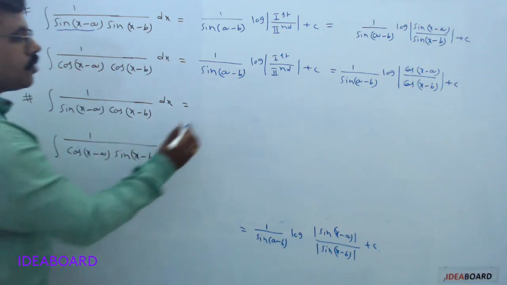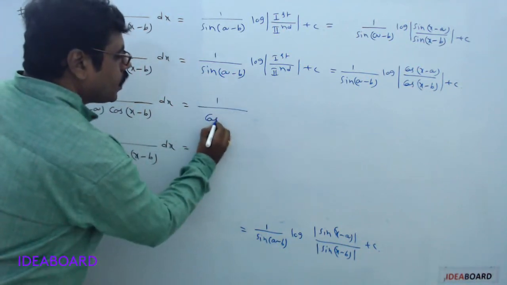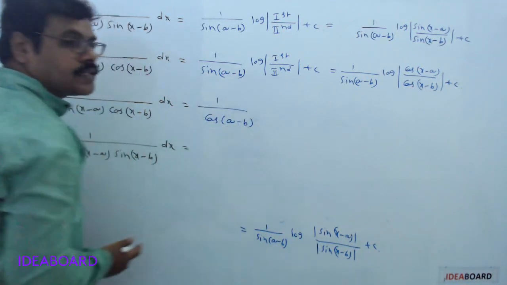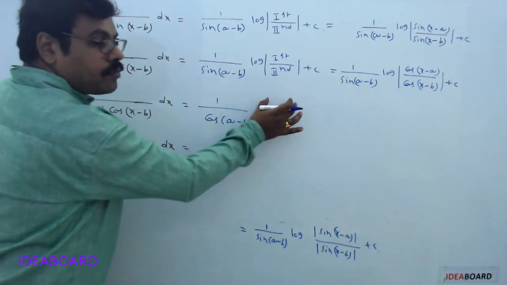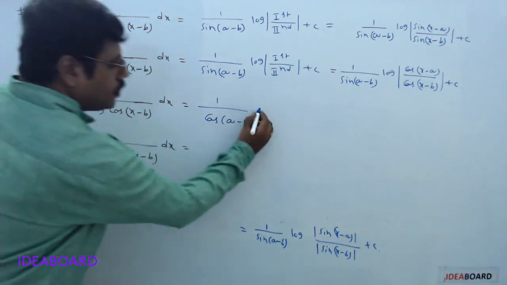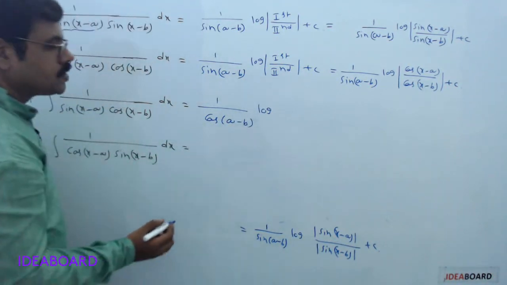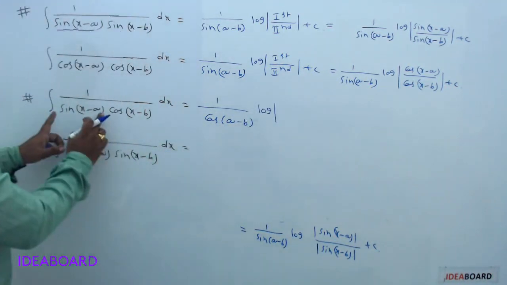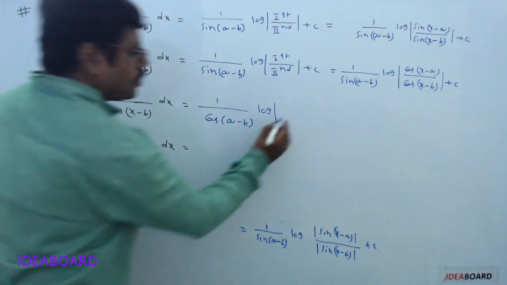So the answer for this problem will be 1 by cos of a minus b into log mod first term divided by second term.